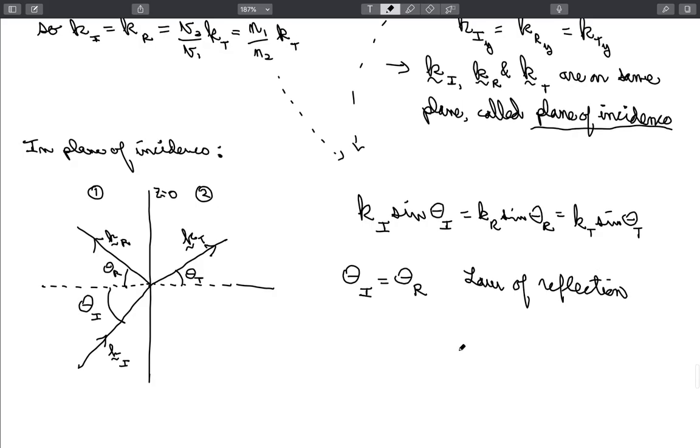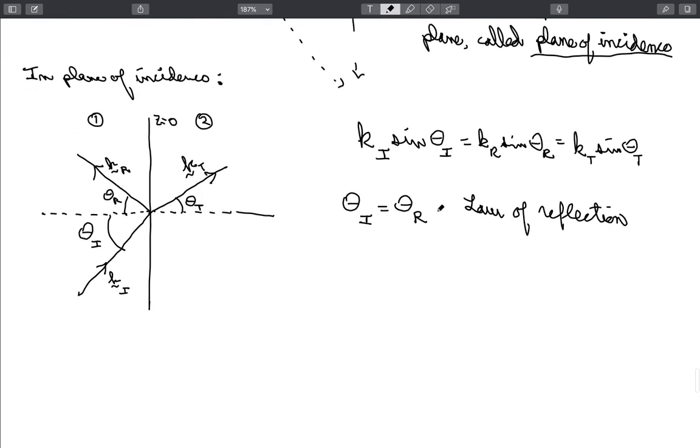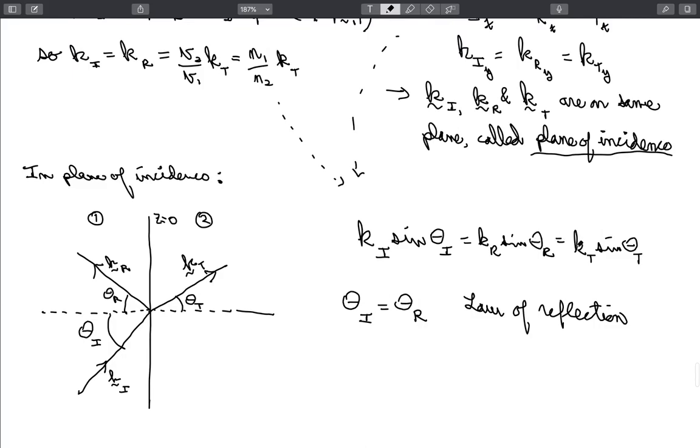And the second thing that we know, substituting this one in here, is that n1 times the sine of the incident angle has to be equal to n2 times the sine of the transmitted wave angle.